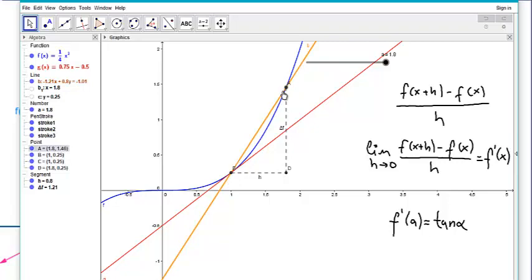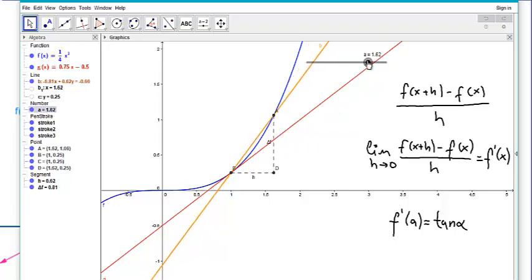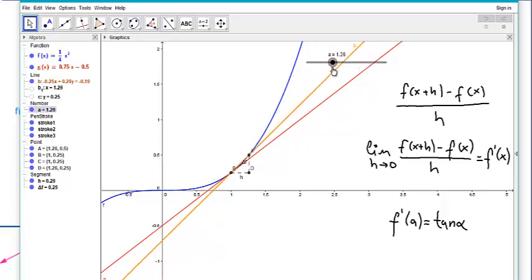And this is the second line, and the point has a different name, but let's say this is A and B, and when A becomes closer to B, as you see the orange line becomes like the red one, and when the distance h is equal to 0, the line becomes the tangent line.